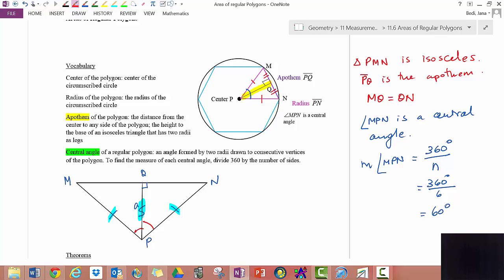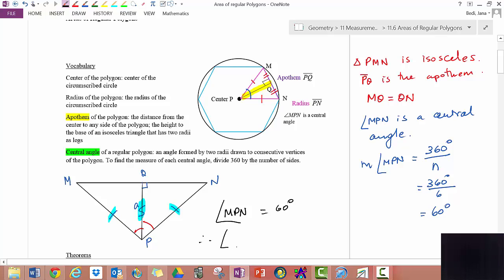What does that mean in this case? In this hexagon, we said that angle MPN equals 60 degrees.